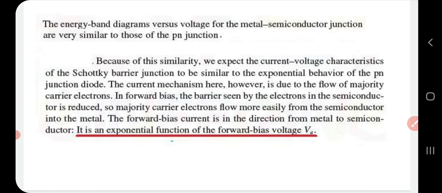Now the current mechanism here is due to the flow of majority carrier electrons. In forward bias, the barrier seen by electrons in the semiconductor is reduced. So majority carrier electrons will flow very easily from semiconductor into metal. The forward bias current will be in the direction from metal to semiconductor, and it will be an exponential function of the applied forward bias voltage.